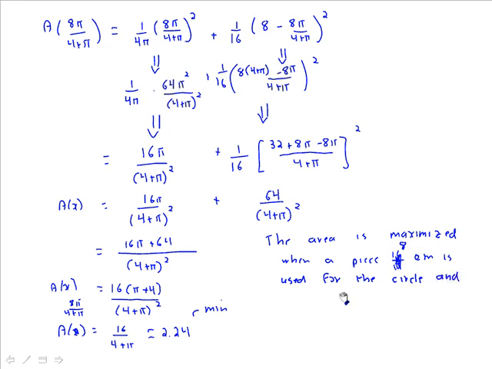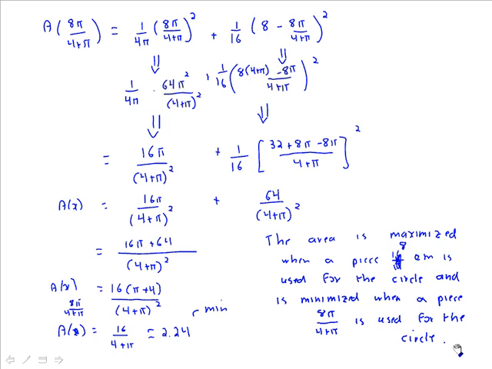And the area is minimized when a piece of 8π over 4 plus π is used for the circle. So a lot of work for limited gain. But that's how you do those ones.